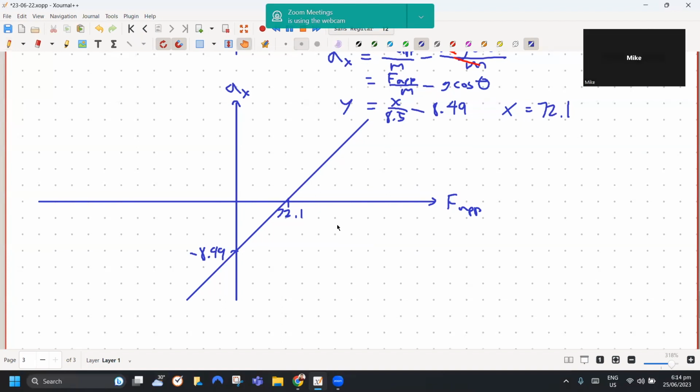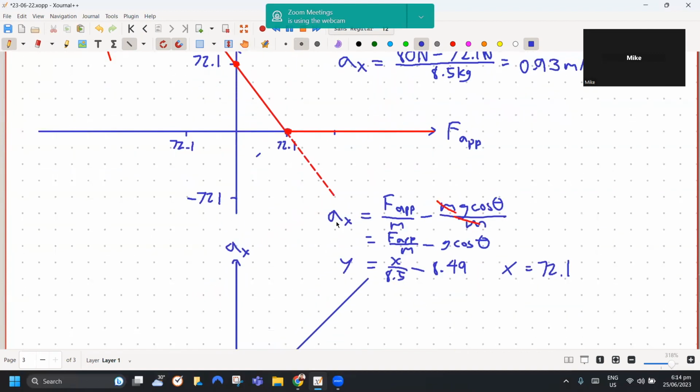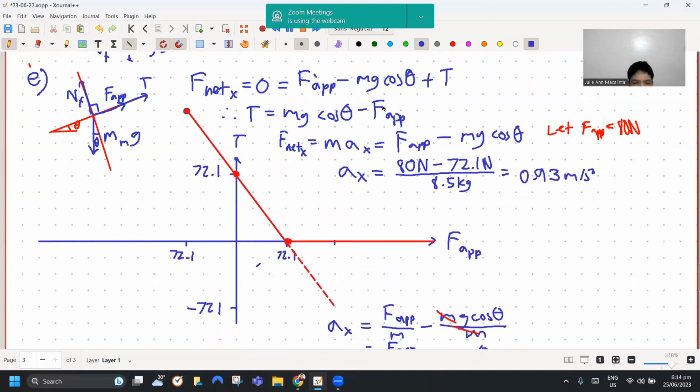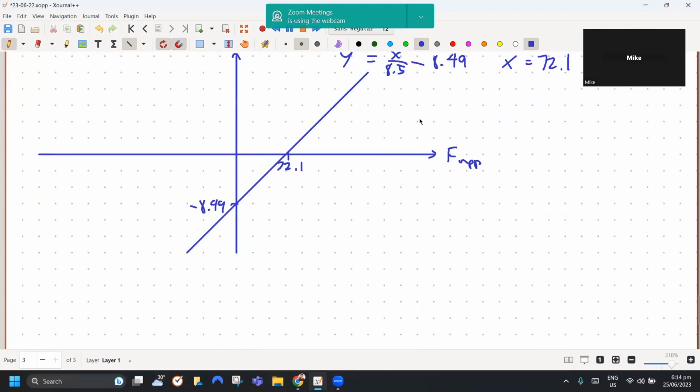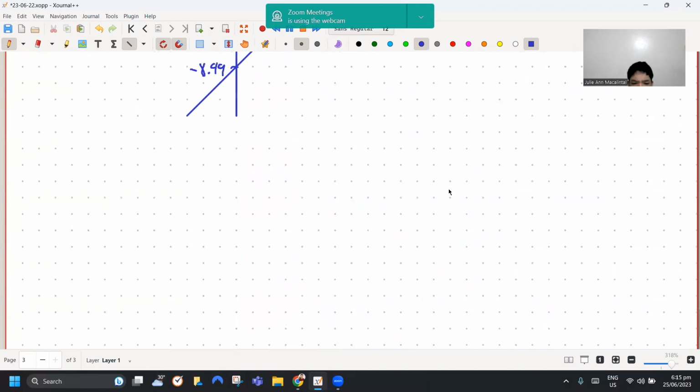Teka, I mean, mas marami po. In-analyze natin kanina yung acceleration kapag ang F applied ay less than 72.1, di ba? Pag less than 72.1, ano acceleration kapag less than 72.1? Okay, so yan yung case kanina sa A and B. Negative po yung acceleration.